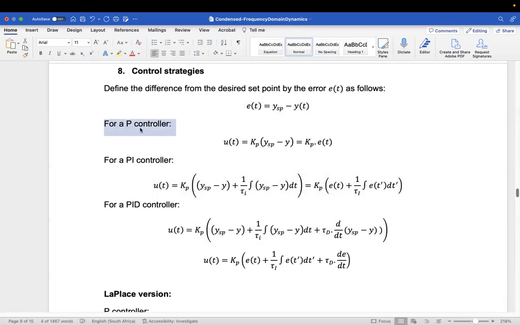So a proportional controller is the type where we want our control action to be in proportion to the error. So there'll be some constant times the error. So remember, the control action is, for instance, a flow rate somewhere.